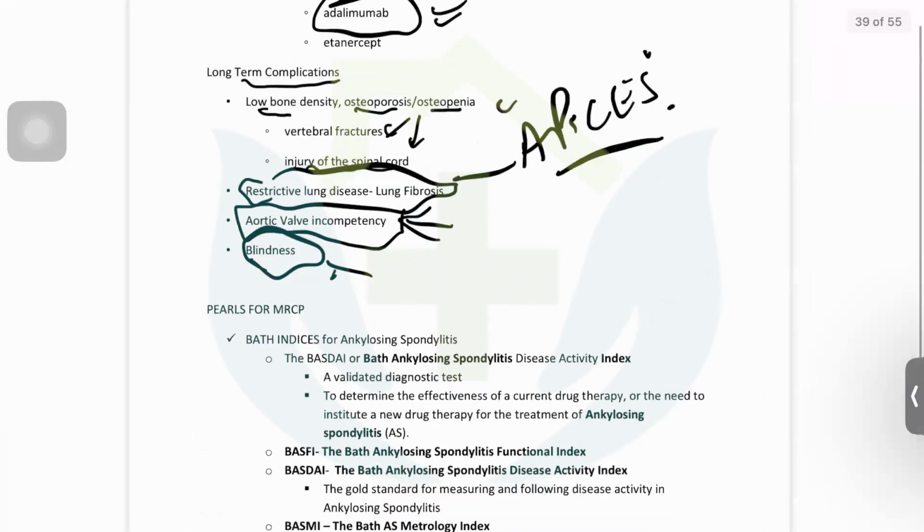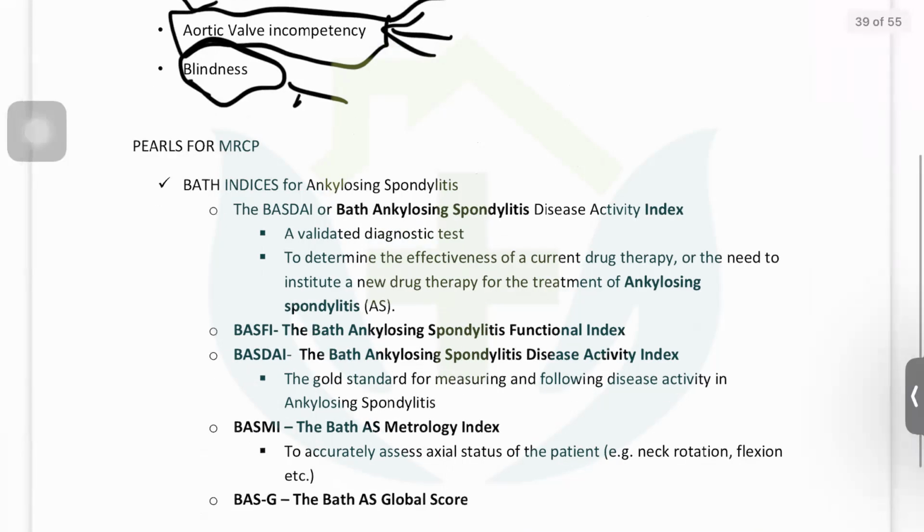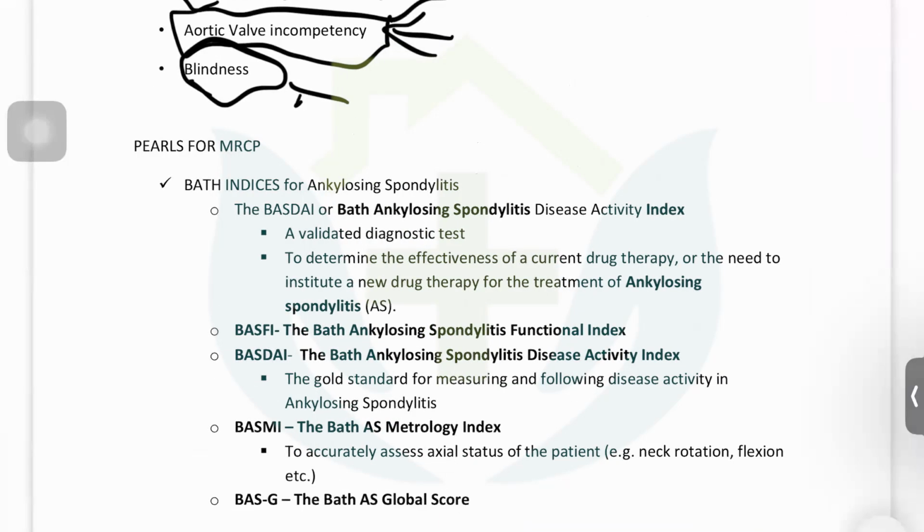So there are certain pearls for MRCP. They were not asked earlier on, but now that the questions asked from these are increasing, that is why I've specifically kept them. Those are the Bath indices, the BASDAI, or the Bath ankylosing spondylitis disease activity index.